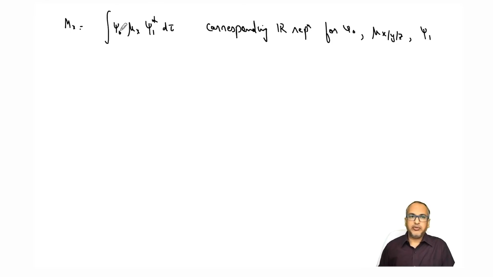Now how do I find out the IR representation for this psi 0 and psi 1? We have discussed a few examples earlier where it was given to you that psi 0 is this and psi 1 is this. But now let's say we want to know how to identify the IR representation.